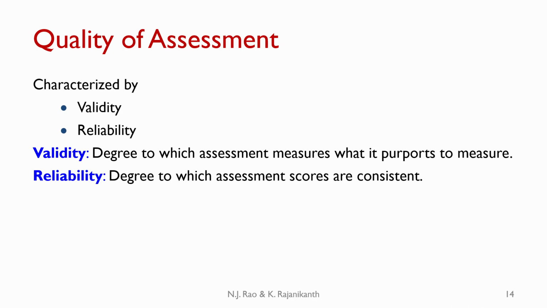Are they the same? Can I consider these two assessment scores equivalent? That is what is called reliability. You can consider it equivalent provided the question papers or the assessment instruments are not only valid, they satisfy the requirements of validity, the reliability.